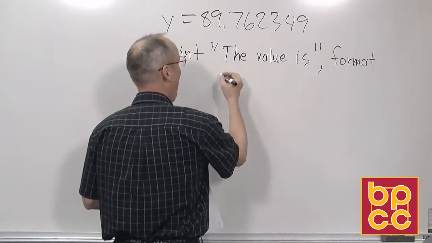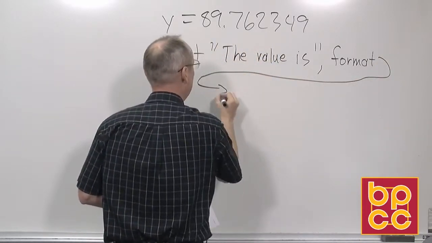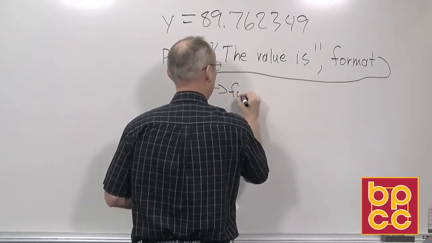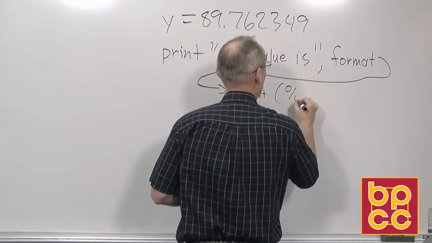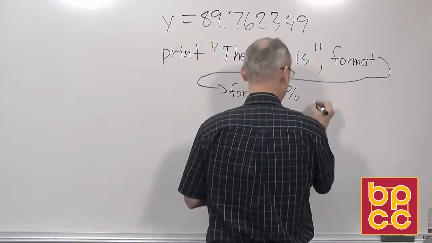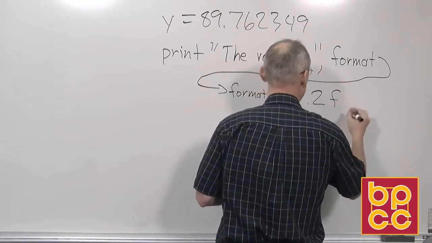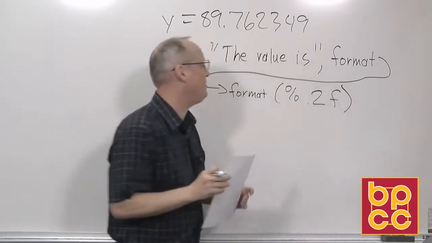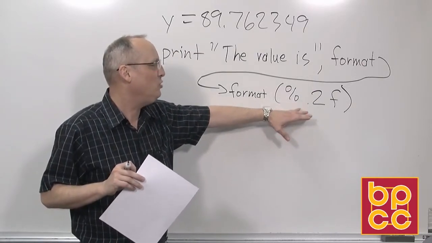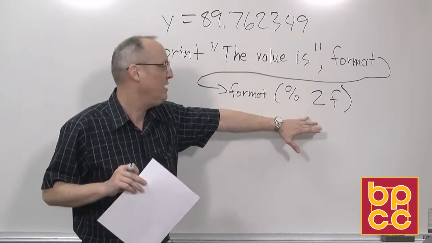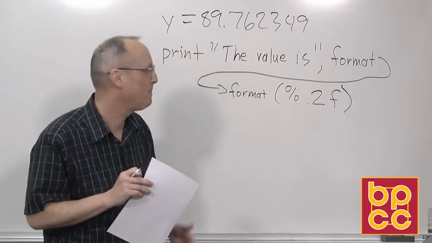Like, let's say our format will be, where format, and we'll say something like that right there, where we're saying we're going to display the value, the point, and then two decimal places as a floating point value.